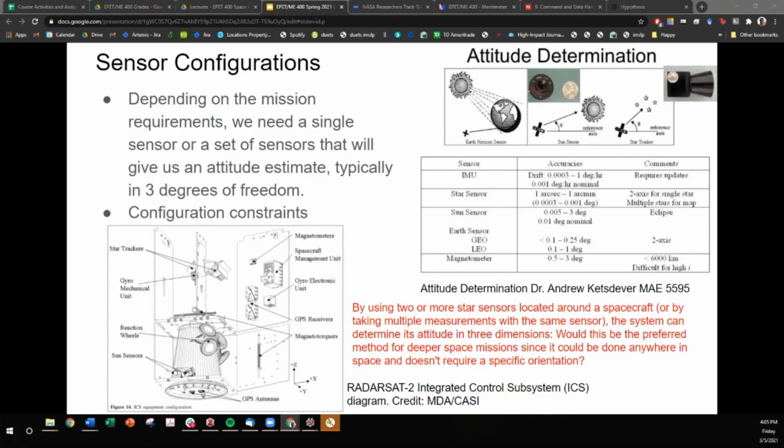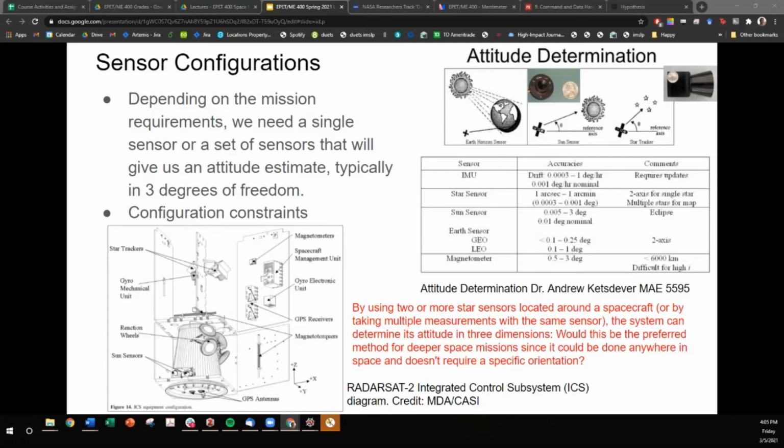Now, this can be achieved in many different types of configurations where you can just have a star tracker, or you can layer a sun sensor with a magnetometer, which you've seen in the TRIAD determination algorithm. Sun sensor with a magnetometer. You could also throw in there an Earth sensor.